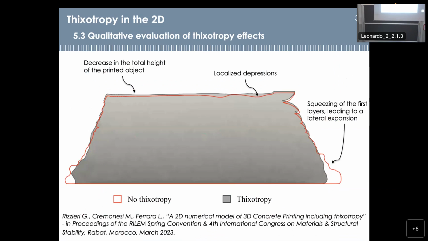And you can see that if we have no thixotropy, the object starts to deform a lot more, and there are also some problems during the print, these localized depressions over here. So we conclude that in general, thixotropy is good for 3D printing, and maybe this 2D model is not enough to assess accurately the thixotropy, but with a three-dimensional model, we would be able to really quantify how thixotropy is entering in the printing process.